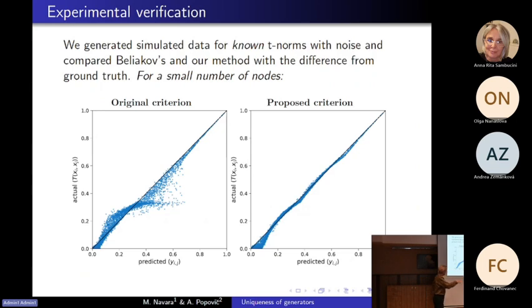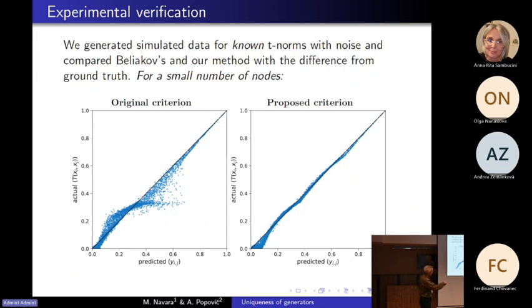Now, graphically, vertical is the correct value, and horizontal is what was obtained as the value of the t-norm in the node, in one point of the data.